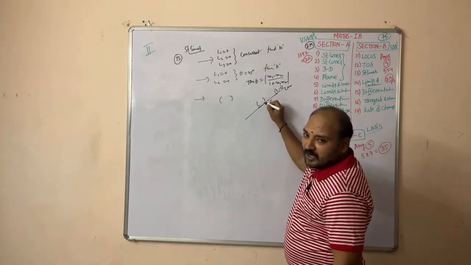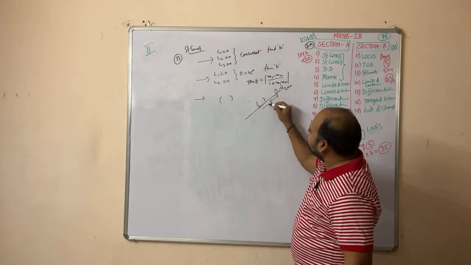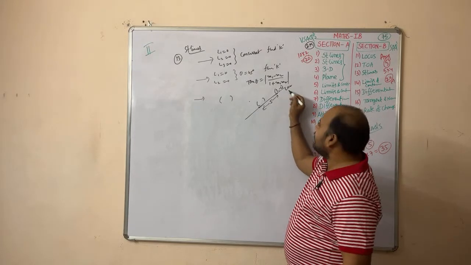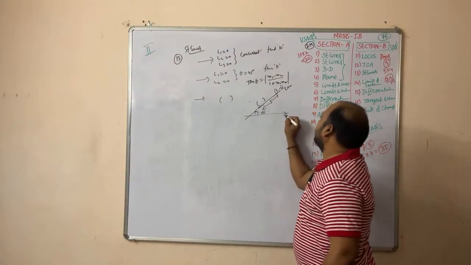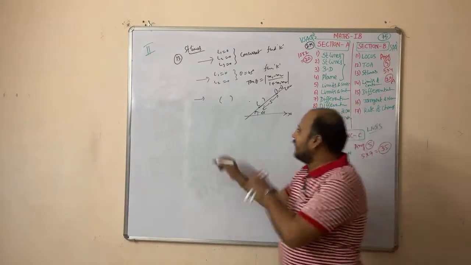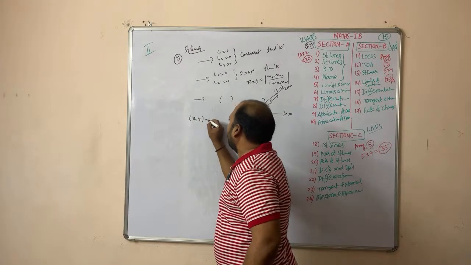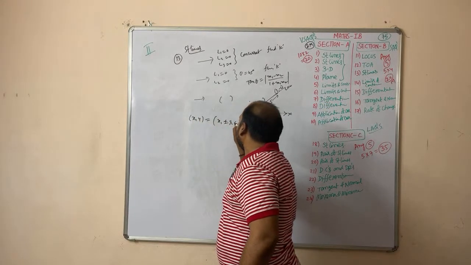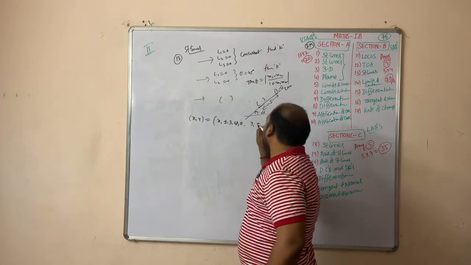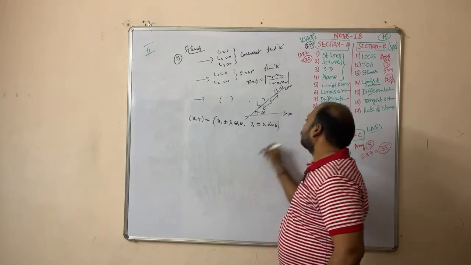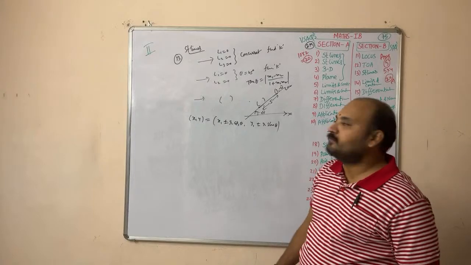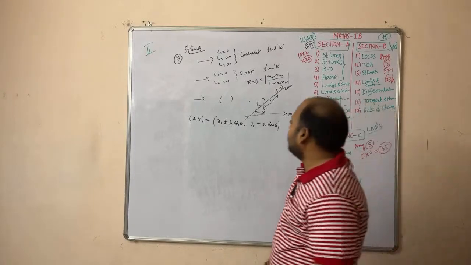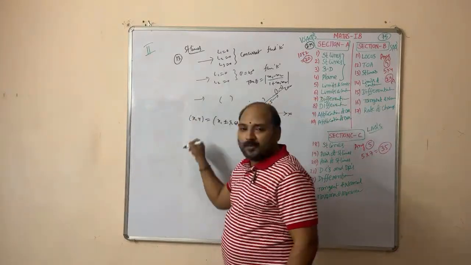Find the points on the given line which are at a distance of 5 units from this point and making an angle of 60 degrees with the x-axis. So parametric equations you can apply, dear students. (x, y) equal to (x1 plus or minus r cos theta, y1 plus or minus r sin theta). After that, this is the third possibility.